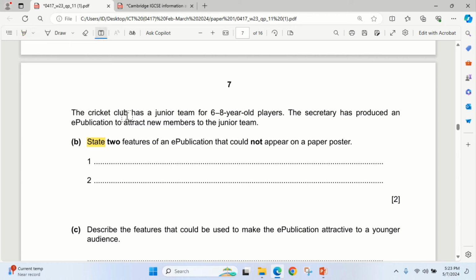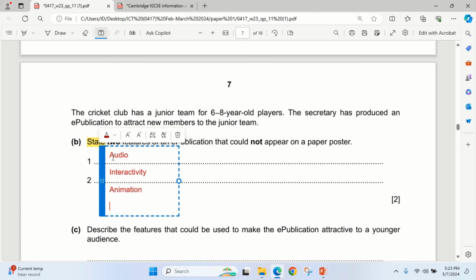You say that you cannot easily blend audio. Another thing is that there will not be interactivity with a paper poster. Another one, you could say animation is not possible to add, it's not possible to turn pages automatically, text to speech is not possible, and so on and so forth.